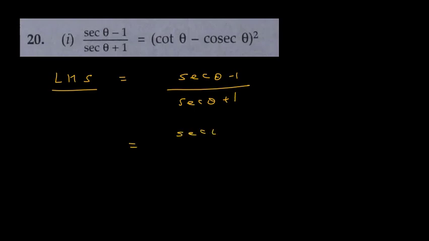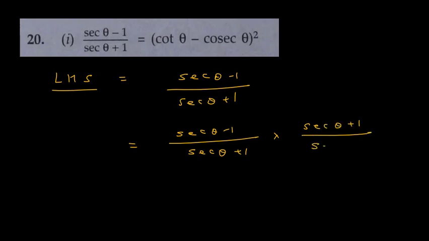I think I am getting something. It is sec theta minus 1 upon sec theta plus 1. So what we do? We rationalize the denominator. So that is sec theta minus 1 upon, we multiply this with sec theta plus 1.